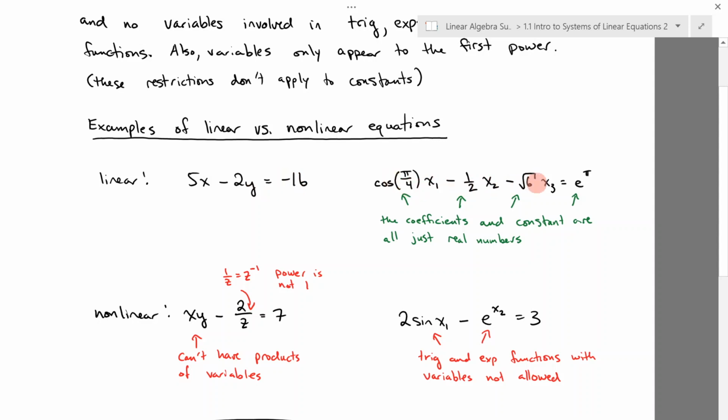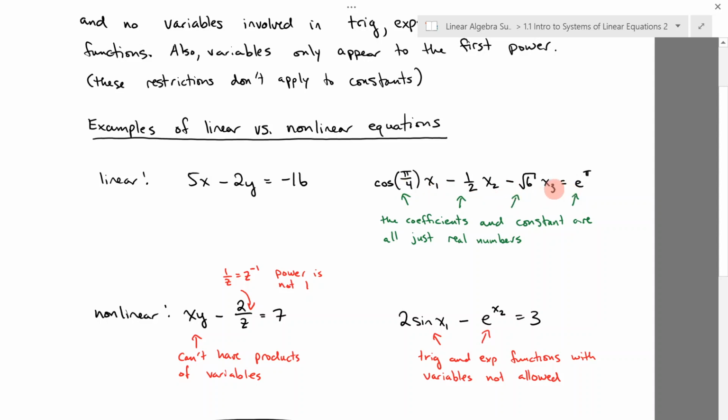And then over here, it looks a little bit stranger, but this is still a linear equation, because the variables x1, x2, and x3 are separated, and they all only have a power of 1, and they're not involved in any other function. The cosine function here and the square root function here are involved with constants and not the variables themselves.